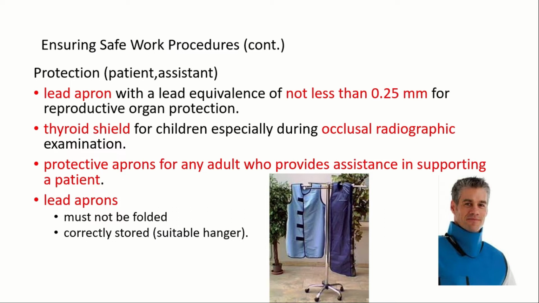And protective apron for healthcare provider, also for the person who provides assistance to the doctor to position the patient as well. The apron shouldn't be folded, and should be stored properly, like in the picture in the slide.